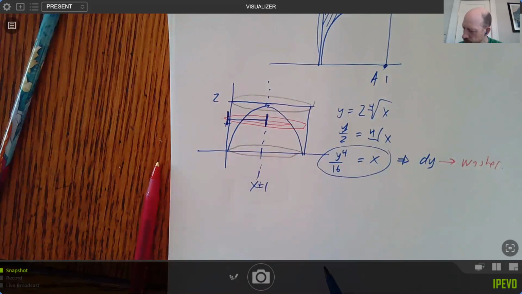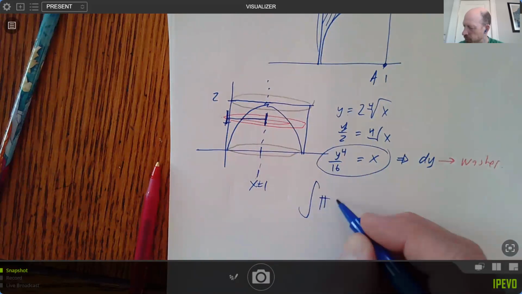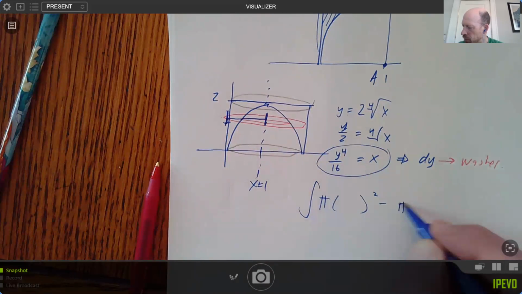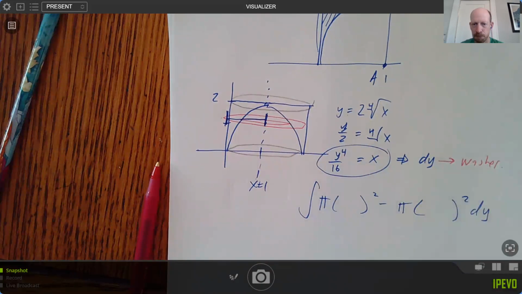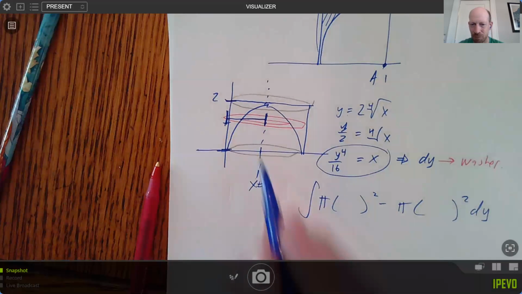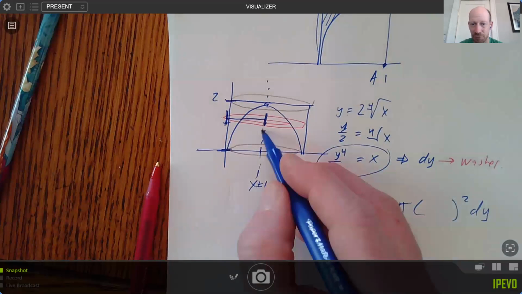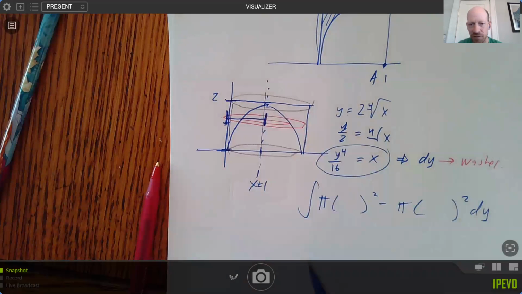So pi r squared minus pi r squared, and we decided on dy. I need the bounds, which you can figure out. The outer radius you can also figure out. That's constant, the outer radius. The inner radius is here.